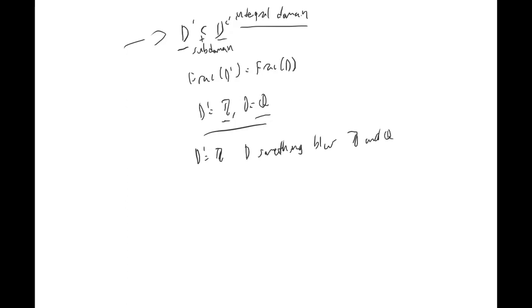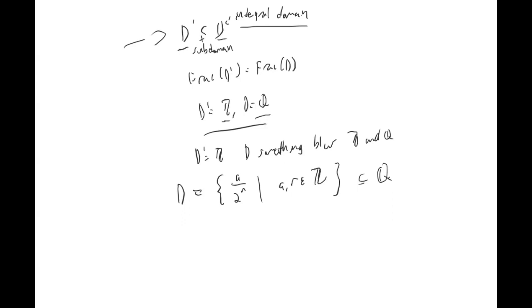What I suggested was to take D to be the set of a over 2 to the r, where a and r are in Z. This should work, because certainly this is a subset of Q, and you could check the fraction field is still Q, because it's the smallest field that contains this.